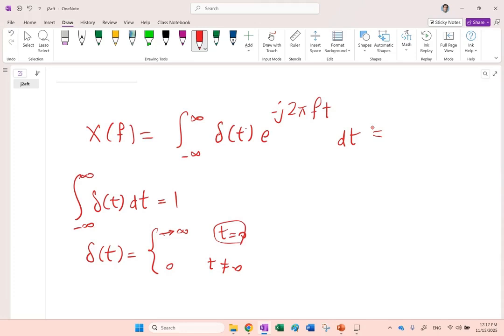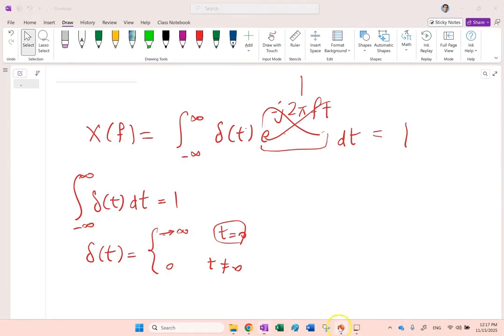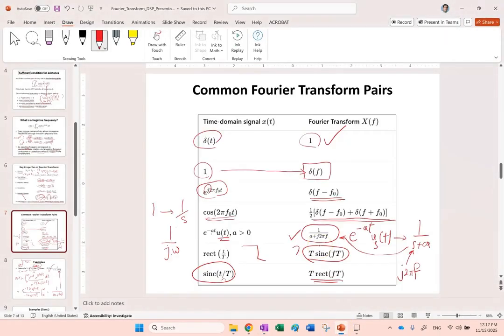So you only need to basically focus on this function when it is 0. And what happens when this function is 0? Yes, it's 1. So this function at 0 is 1, and then the integral of this is also 1, so you get a 1. So you see your delta function, the Fourier transform of that is what? It is 1 here, right?